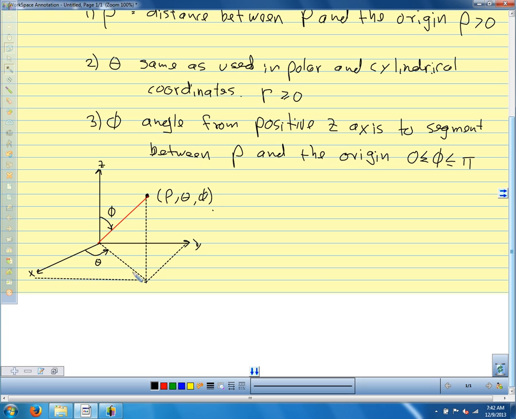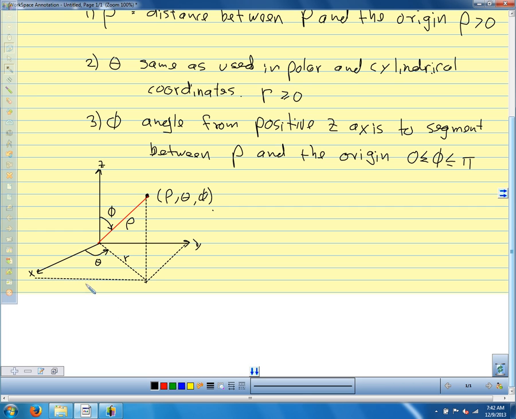The length of this segment in the xy plane would be r, or r from polar coordinates or cylindrical coordinates. And the length of the red segment is rho. So there's our picture of how we're thinking about our coordinates in spherical coordinates.